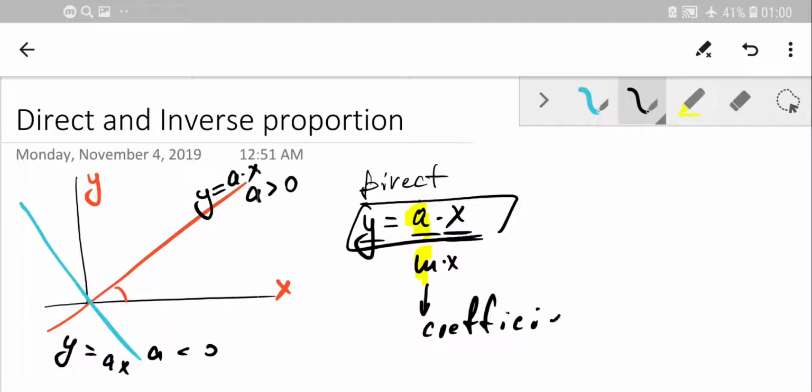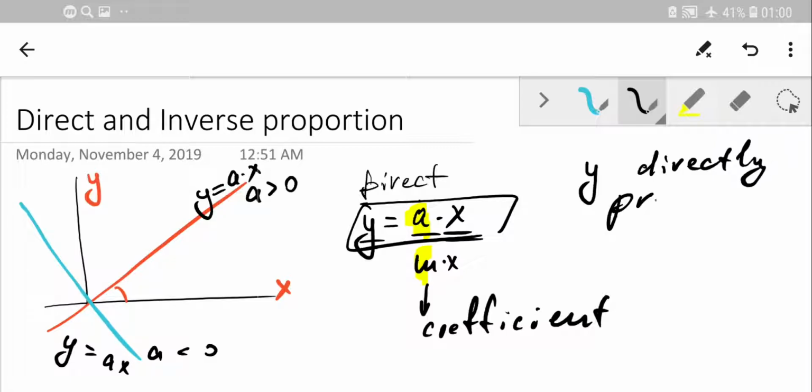So what might a typical task be? They are designed to define coefficient a. So for example, let's say that we have y directly proportional to x. The keyword here is directly proportional. So y is directly proportional to x.